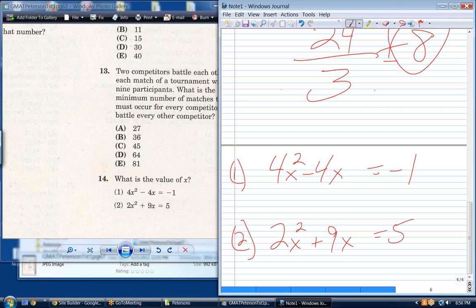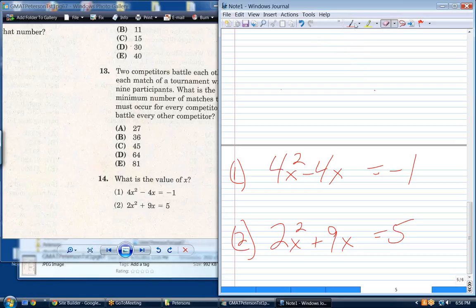A quadratic usually gives you how many values of x? 2. Okay, so we might think that that quadratic cannot give you x and that quadratic cannot give you x. But if there's a common solution between them, together we might be able to solve for it. However, there is one other kind of quadratic that gives you 2 solutions, but they're both the same. So we have to consider that also.